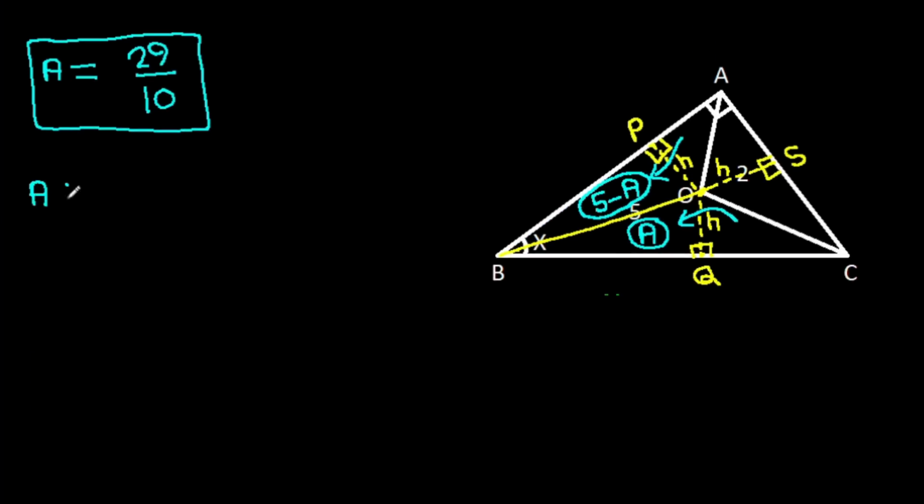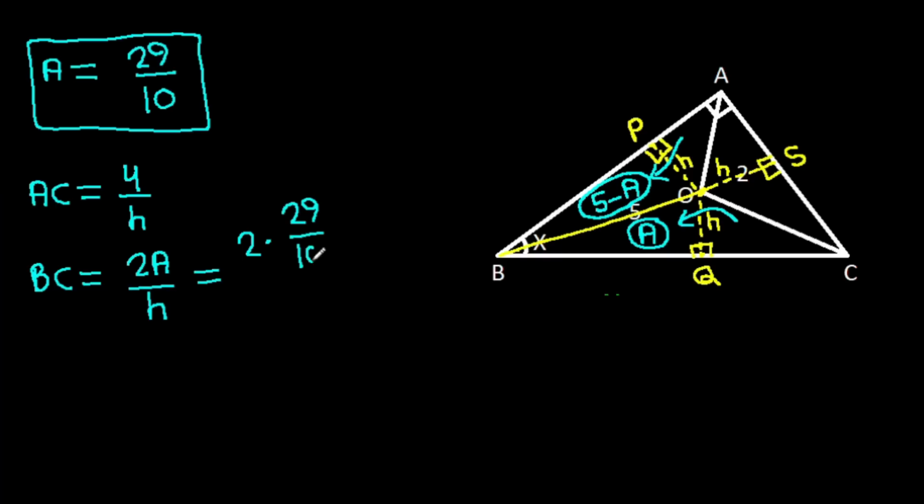That will be 2 times A, which is 29 over 10, over h, and 2 times 5 is 10, so it will be 29 over 5h.